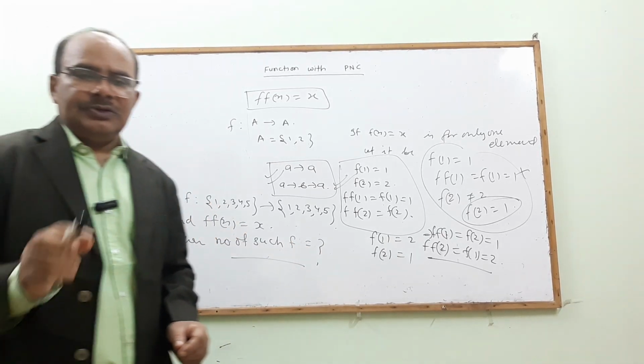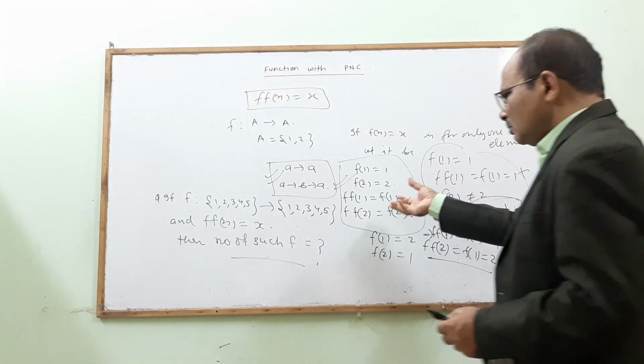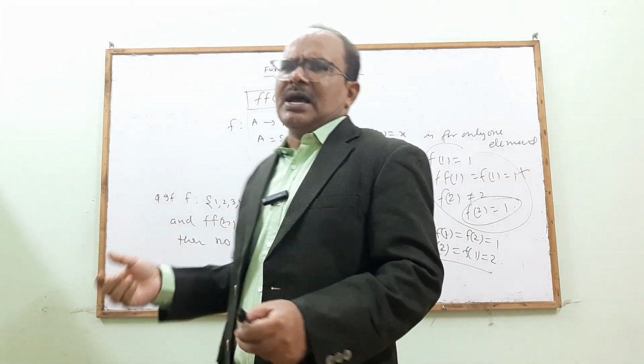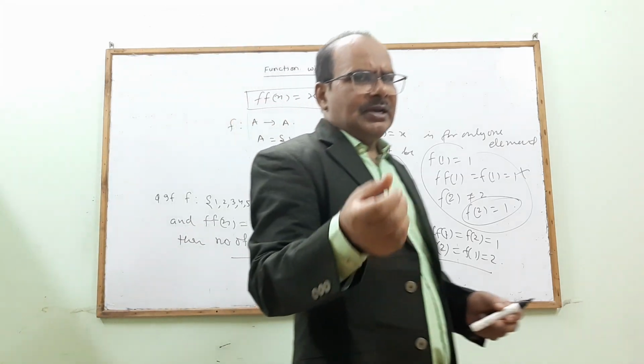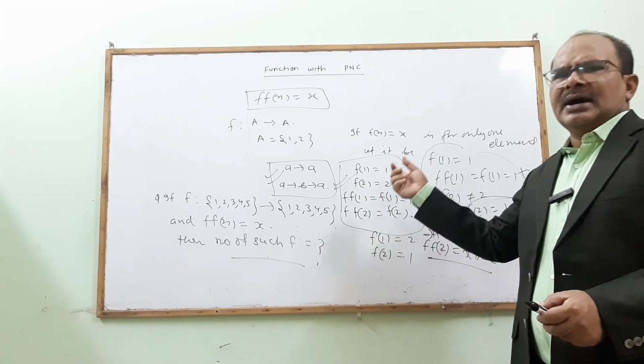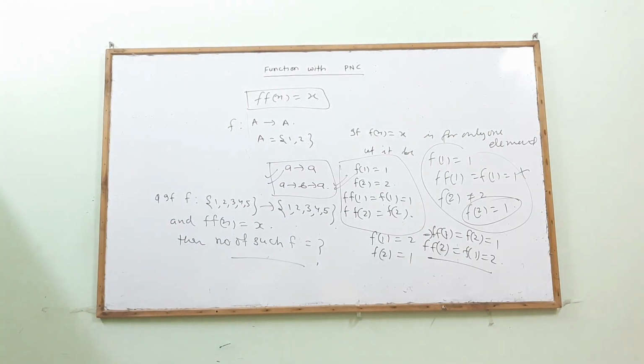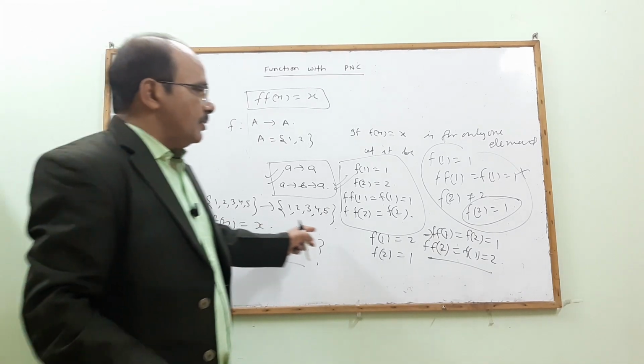Such type of concept is most important. They can be asked in coming examinations like ISI and IIT Advanced. So let us see how we can solve such type of question.